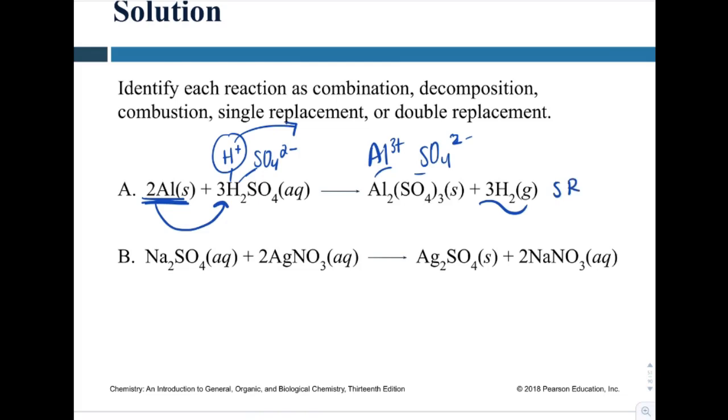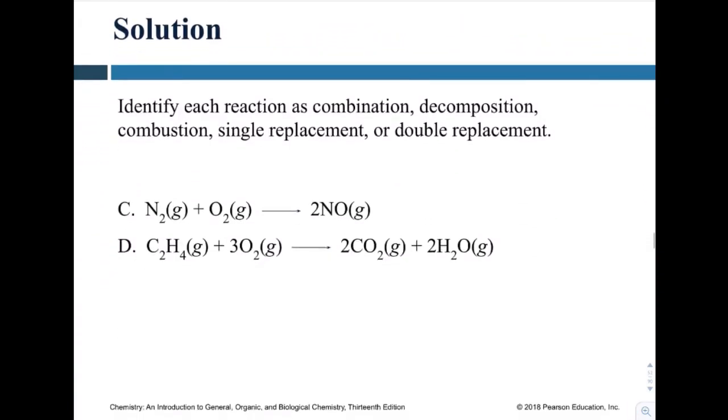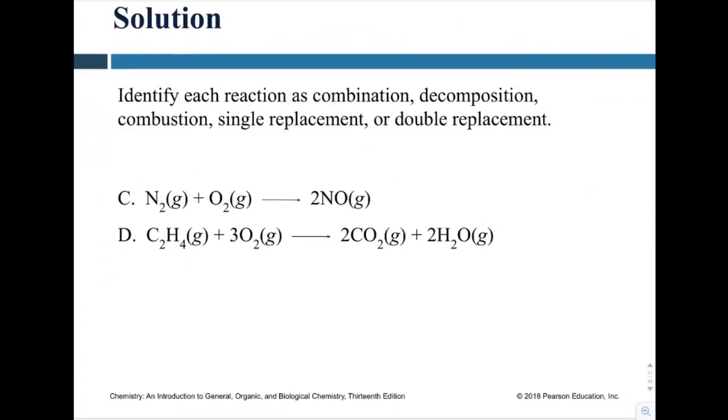For the second one, we see there's no singles, but we do have some things happening, right? And so you can notify this as a double replacement because you have your sodium hooking up with your nitrate, and you have your silver hooking up with your sulfate. So pause and look at this one.